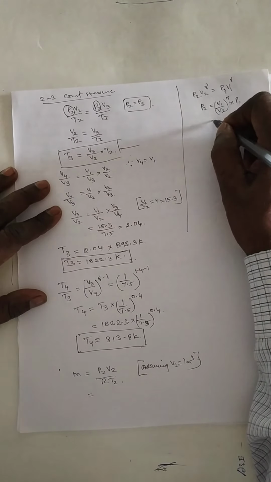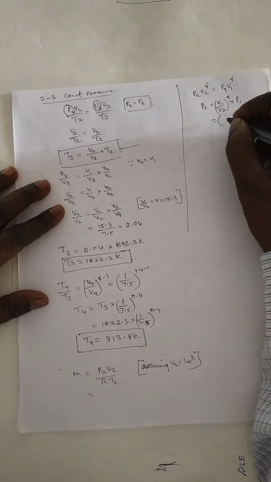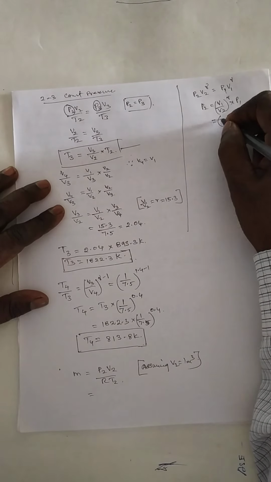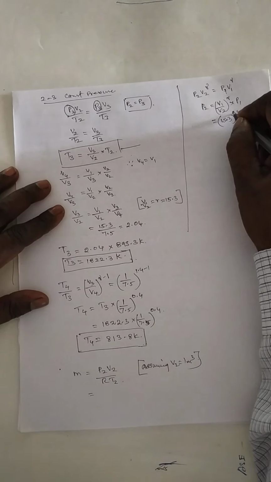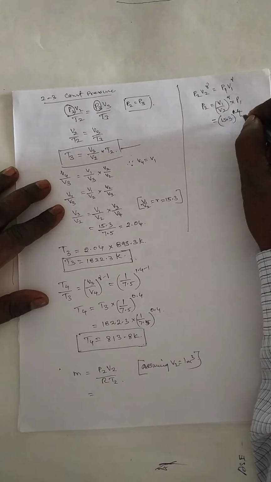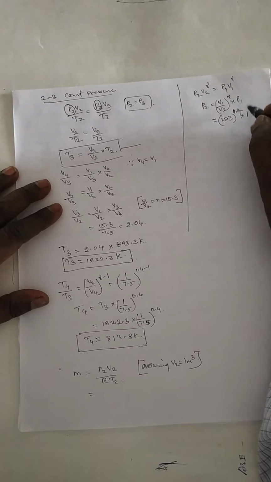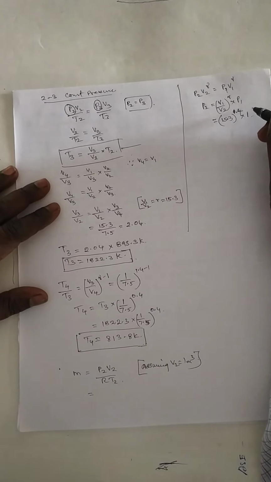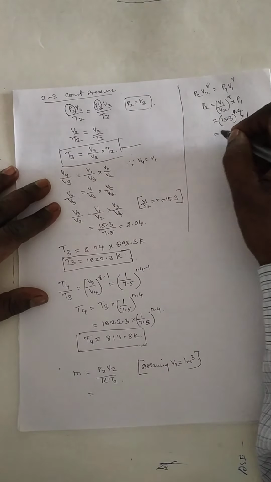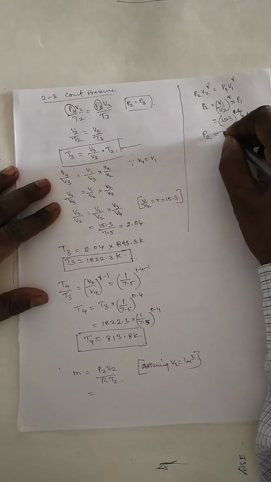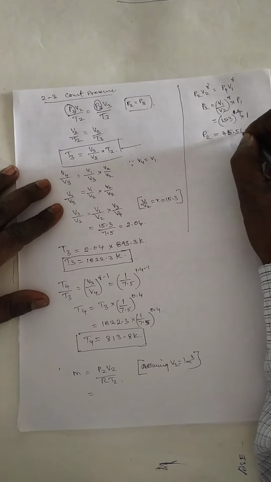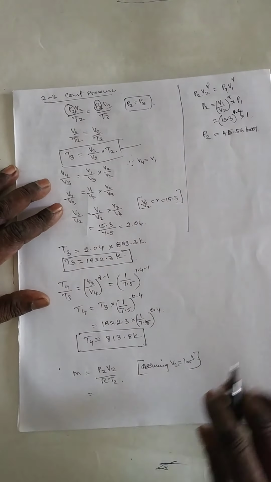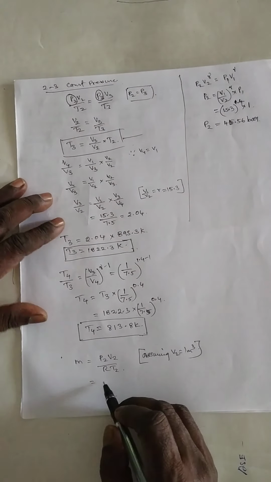P1 is given in the problem. We know the value of V1 by V2, that is R, 15.3 to the power of 1.4 into 1 bar, because the initial condition of the pressure before compression is 1 bar. If you calculate, we will get the P2 value as 45.56 bar.